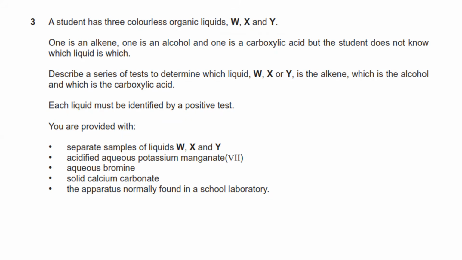Each liquid must be identified by a positive test. You are provided with separate samples of W, X, and Y, acidified potassium manganate, aqueous bromine, solid calcium carbonate, and apparatus normally found in a school laboratory.